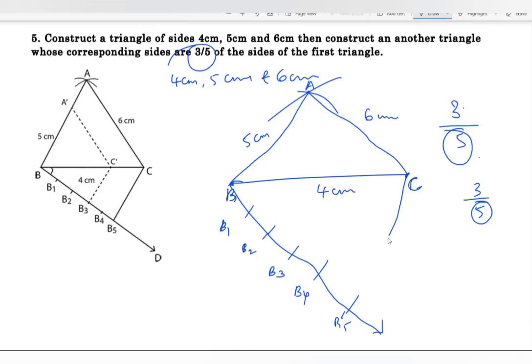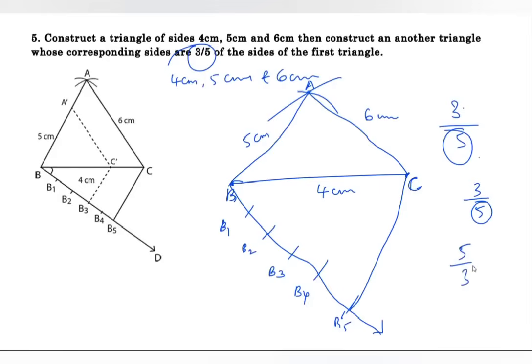Now join B5 and C. In case the ratio was 5 by 3, you should join B3 to C, because the number in the denominator should be joined to the point C. How many arcs should be cut? The number of arcs equals the highest number in the ratio.